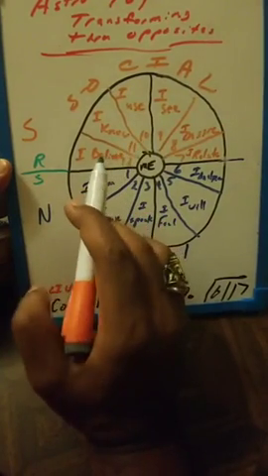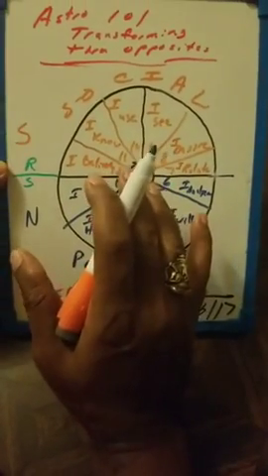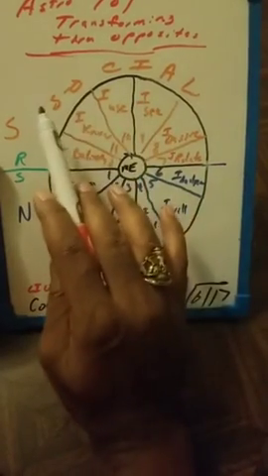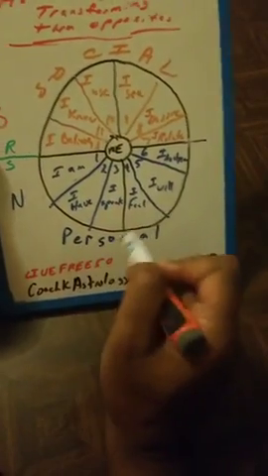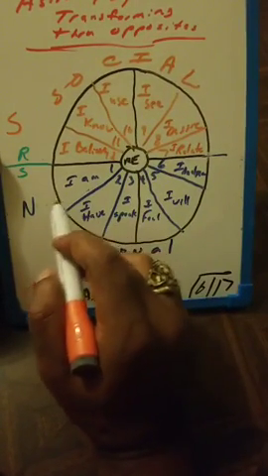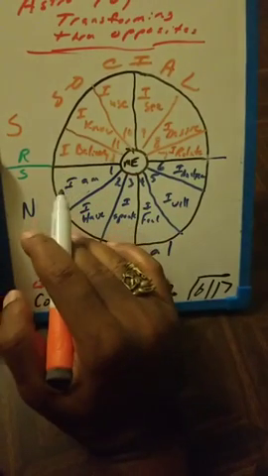So each of these houses, knowing the foundation, is crazy important. But the part I really want to put y'all at is the social side and the personal side and how you create.